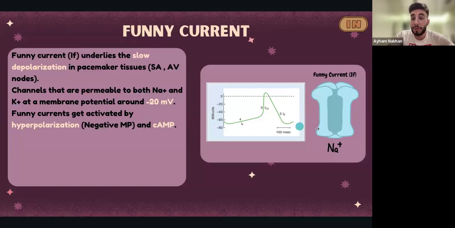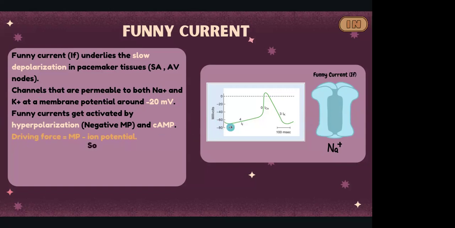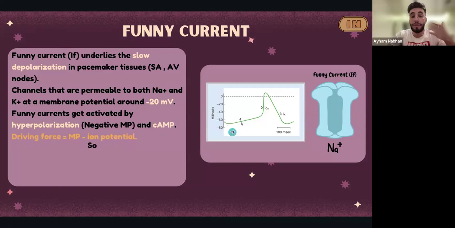But what is the final outcome of this? I'm going to tell you how to know the final outcome. The final outcome depends on the driving force of the cell membrane. So how would we calculate the driving force? I think you took it in foundation that the driving force is the resting membrane potential minus the equilibrium ion potential. So here we have sodium and potassium. For potassium, the driving force would be minus 60 minus minus 90, which is positive 30.